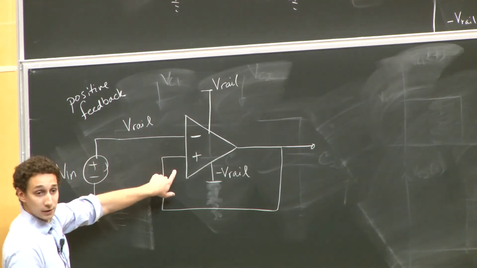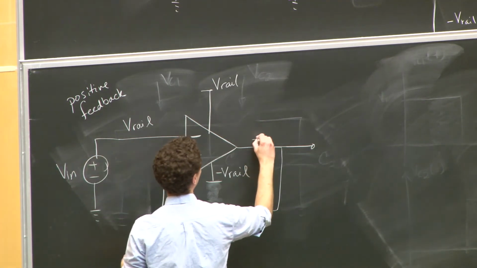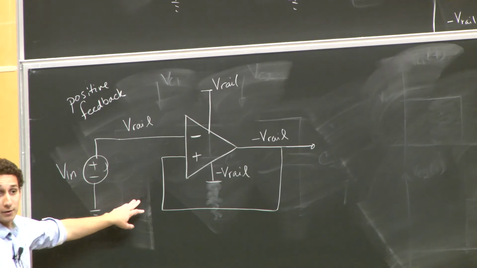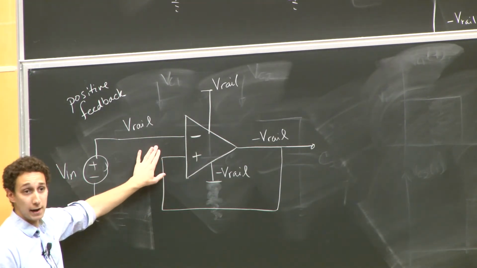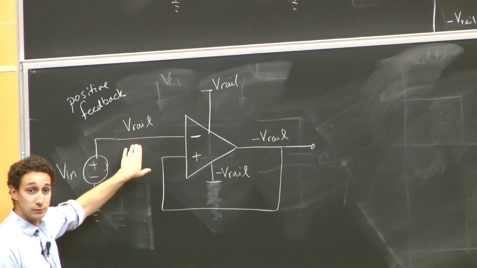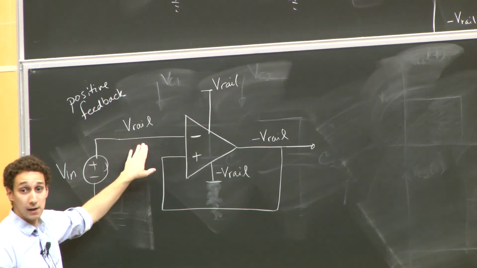This voltage is less than this voltage, so this is going to go to minus V-rail. And it's going to stay there, right? We have the condition that the output voltage is some large gain A times the difference in these two potentials, which means that if this one is a positive voltage, the output will be negative, and it will stay there.